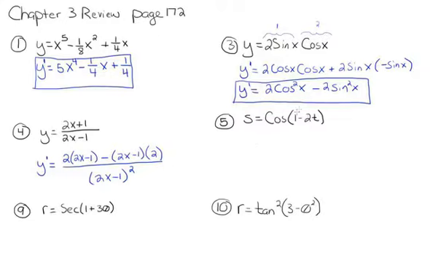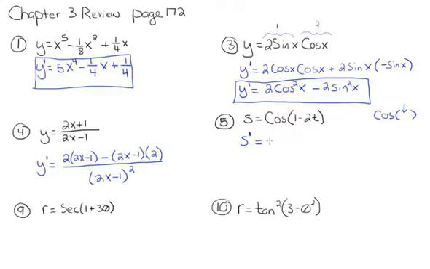Okay, so number 5 is not a product rule. Cosine is a function. 1 minus 2t is embedded inside of that function. We know it's not a product rule because just writing cosine doesn't mean anything. It has to be cosine of something. And so that makes it not a product rule. It is definitely a chain rule. 2 layers of a chain rule.